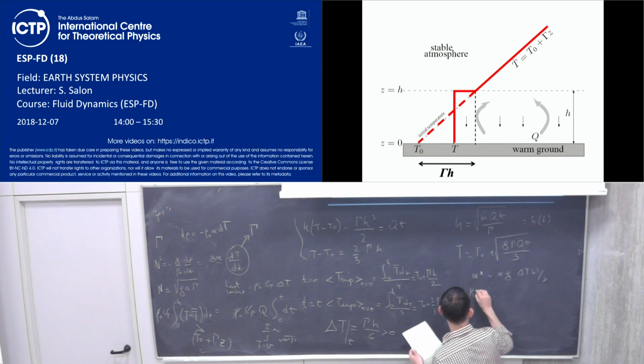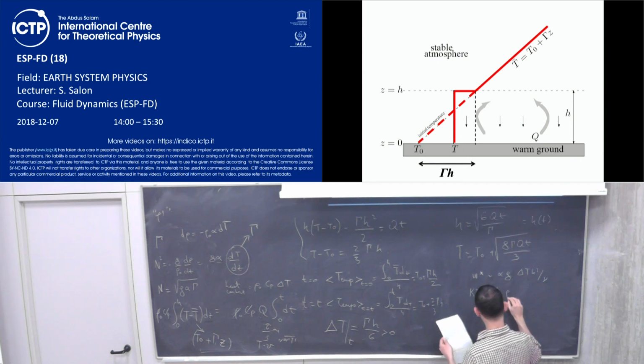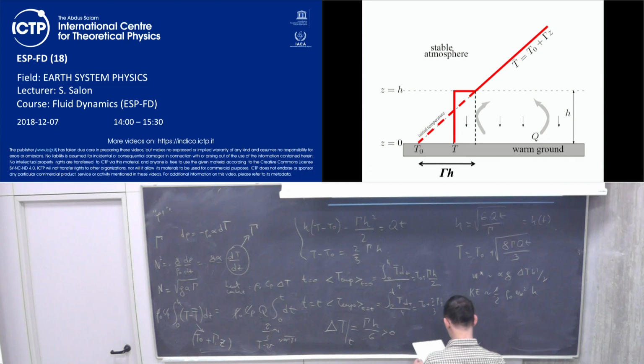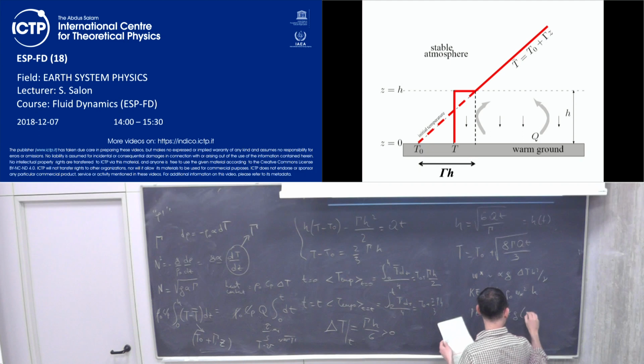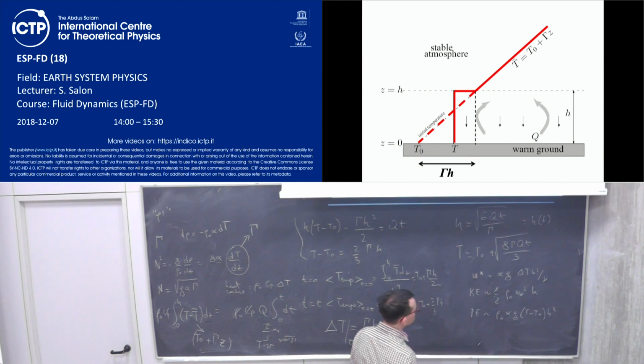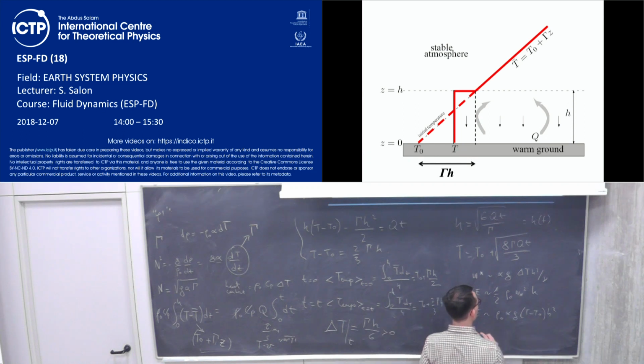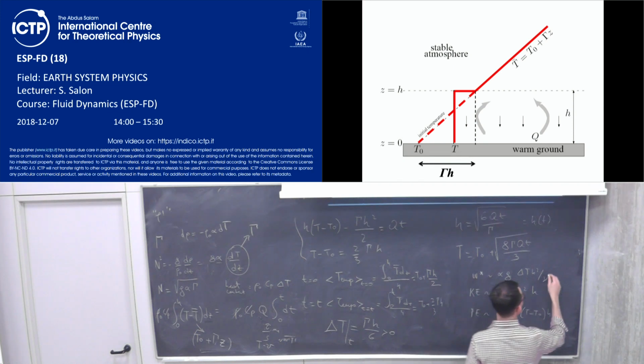And if we have that the kinetic energy is of order 1/2 rho 0 vertical velocity squared multiplied by h, and the potential energy is rho 0 alpha g (t minus t0) h squared, and I use the expression of vertical velocity which is related to the specific problem that I have now.